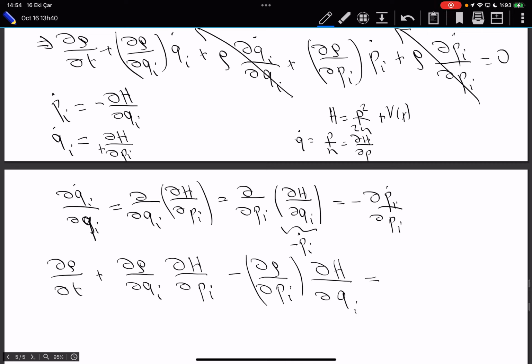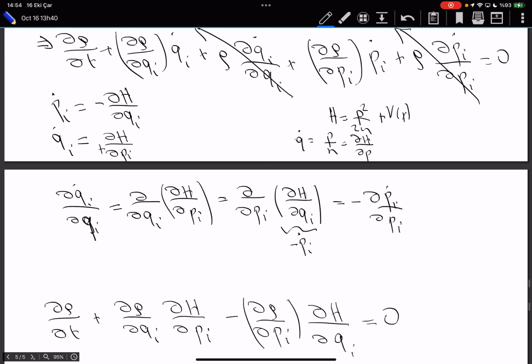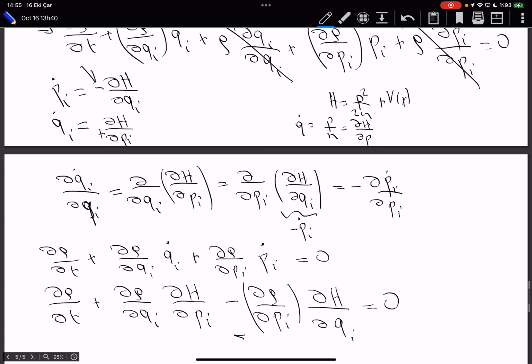This should be equal to 0. Are the signs right? Don't we go plus? Okay, so what I have is del rho by del t plus del rho by del q_i times q_i dot plus del rho by del p_i times p_i dot. This is equal to 0. p_i dot is minus a derivative, so here I have a minus sign.